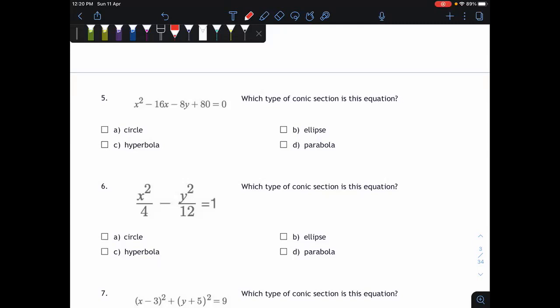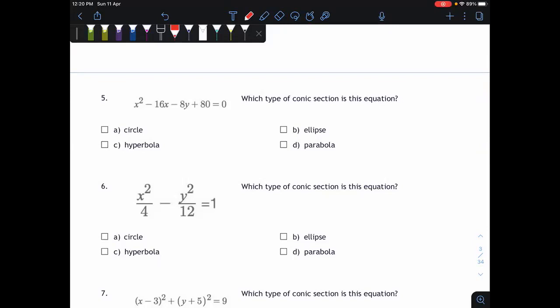There's a rule, guys, like B squared minus 4AC, and you check if it's greater than 0, less than 0, or exactly 0. So we have to identify A, B and C.